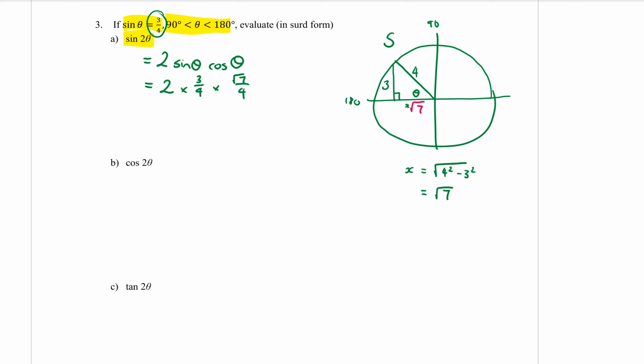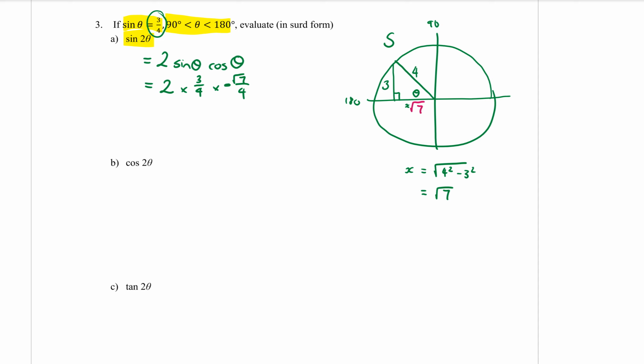However, there is one more catch. This theta is in the sine quadrant. If I am wanting to do cos of something in the sine quadrant, it is going to be negative. So I need to put a negative sign in there. Okay, so now I just want to simplify that, keeping it in exact form.